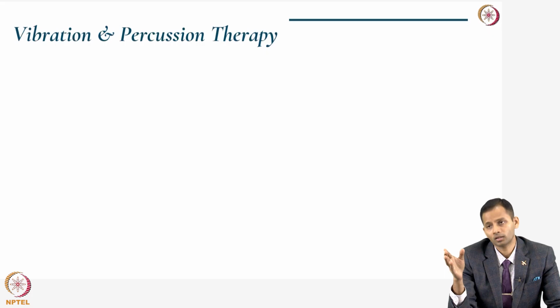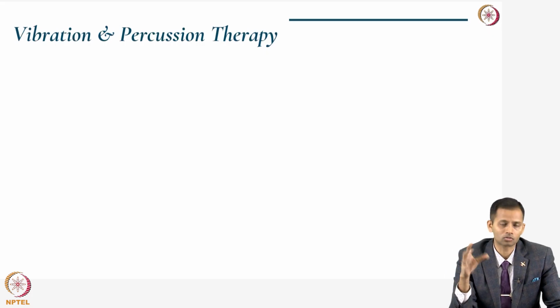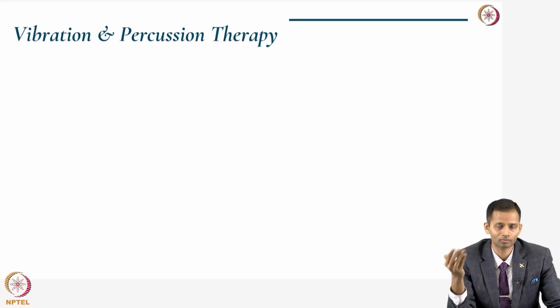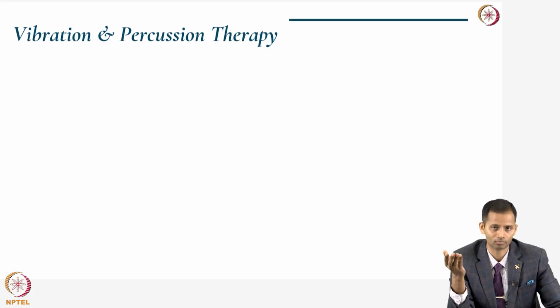Another important technique that is used prevalently as a mode of recovery, in improving the joint mobility or mobility as a whole, is vibration and percussive therapy, which also includes certain perturbation training as well.